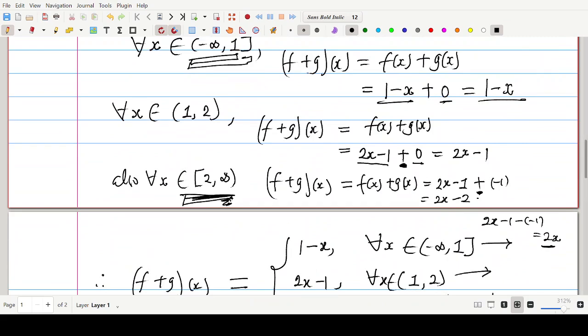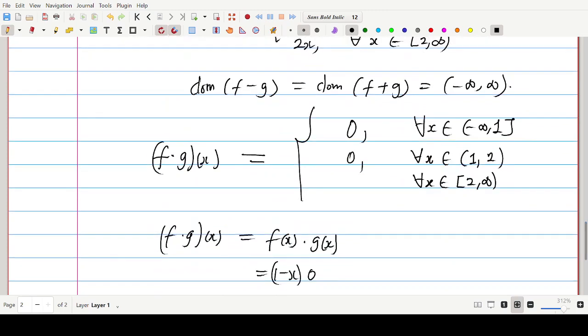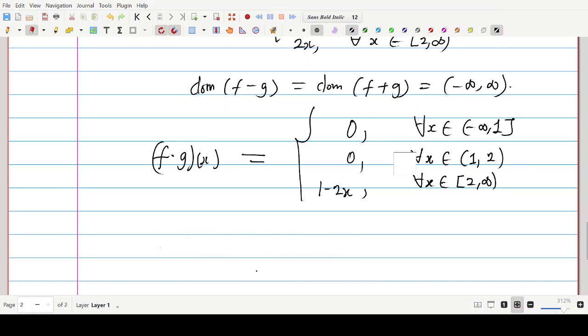Now, since we are considering product, we shall be multiplying 2x minus 1 and minus 1. And when you multiply 2x minus 1 times minus 1, you will get 1 minus 2x. So in that case, I can come here and write 1 minus 2x, all right? For all x in this. So we are done with defining the product.